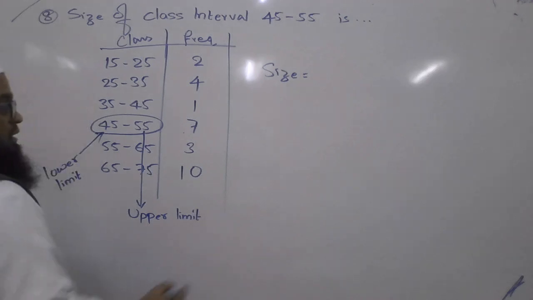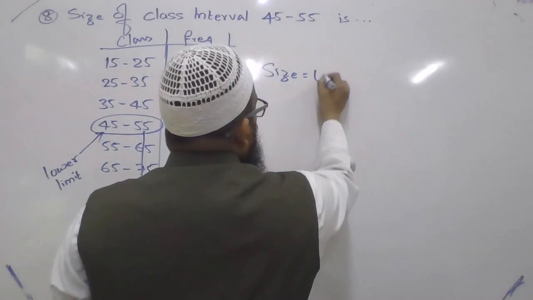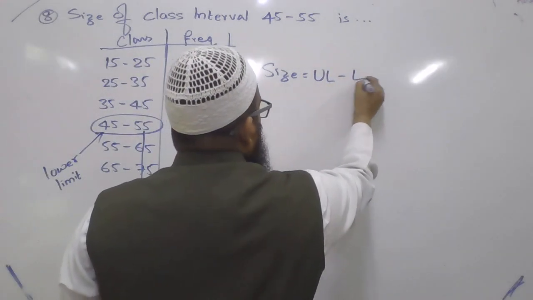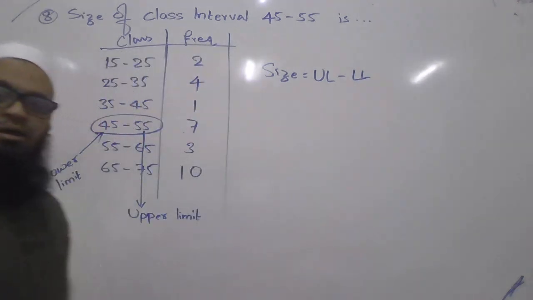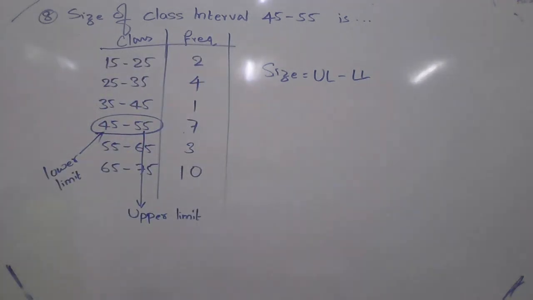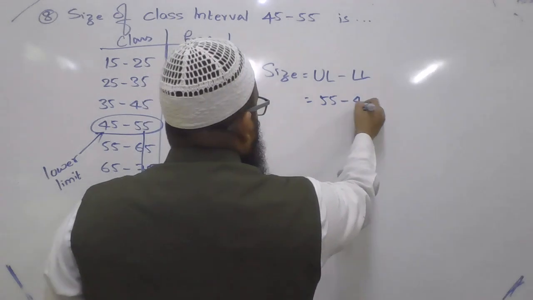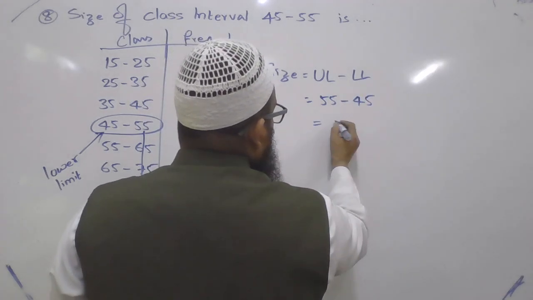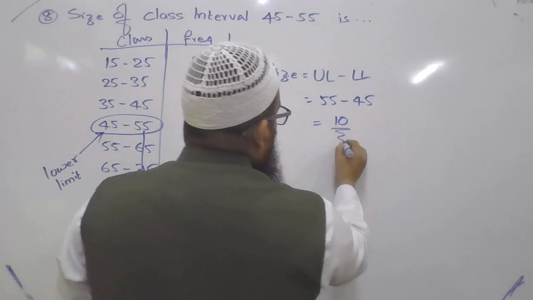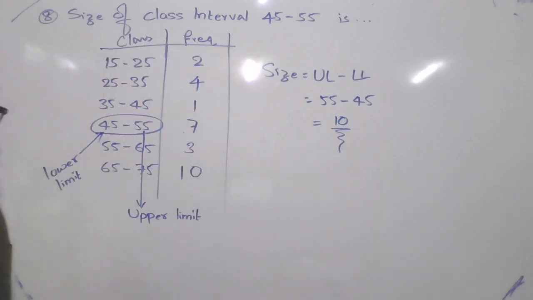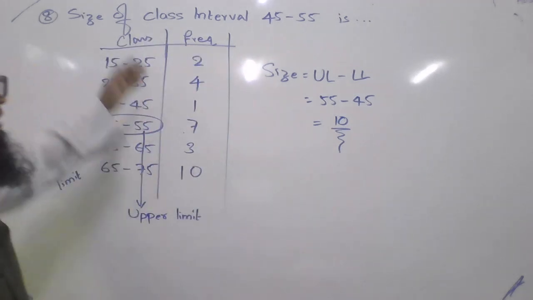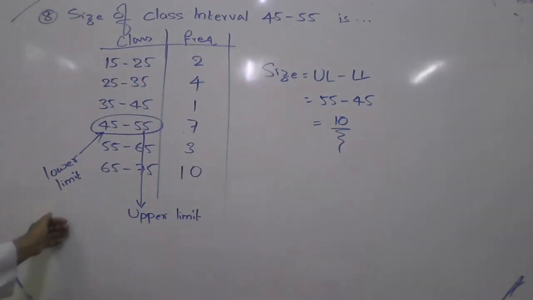The size of the class you will get by subtracting the lower limit from the upper limit. What is the upper limit here? 55, and the lower limit is 45, so 55 minus 45 is 10. Therefore the class size of this frequency distribution is 10.